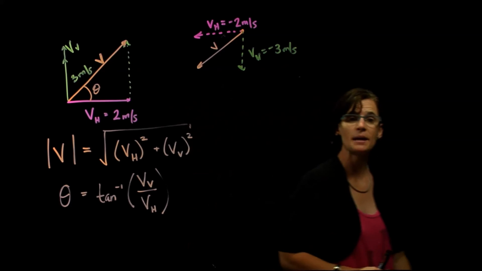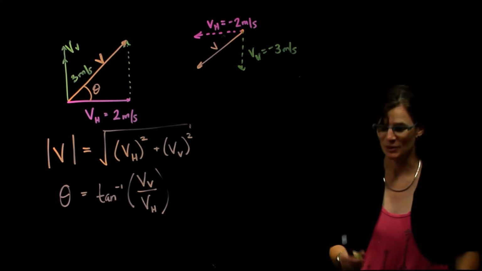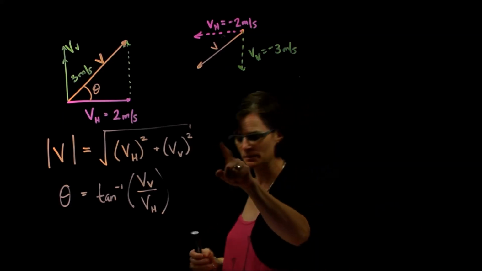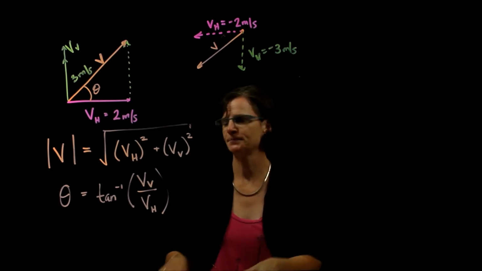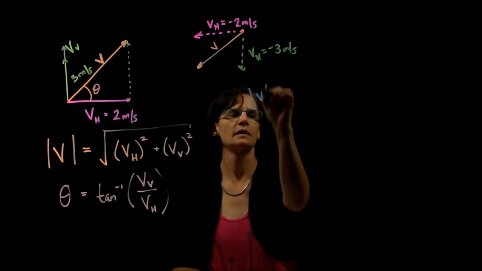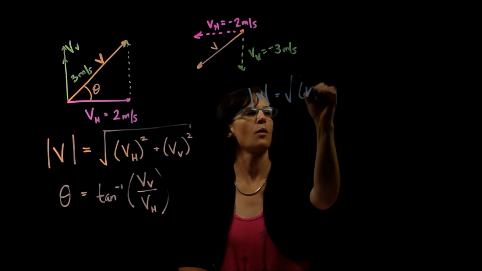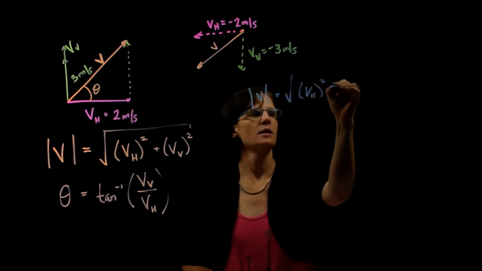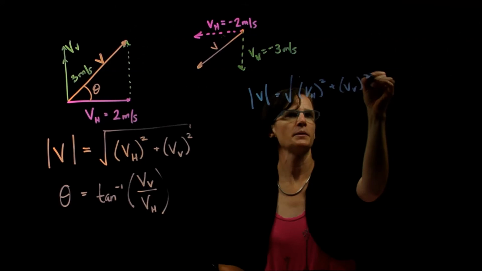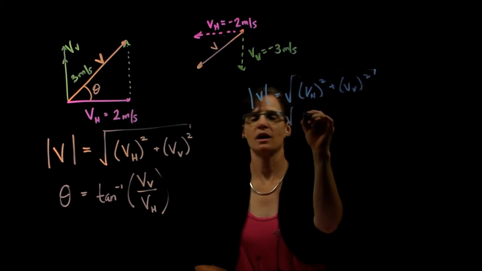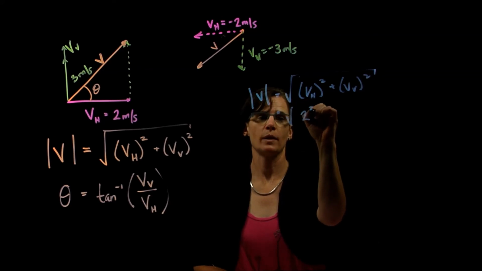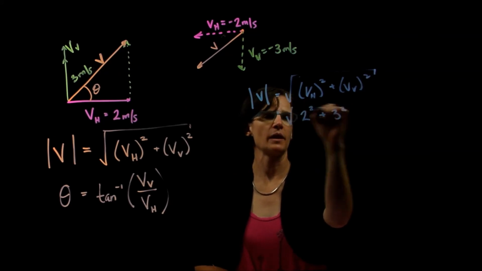All right, so the first step is to determine the magnitude. So we'll use this relationship to determine the magnitude. And we see that the magnitude is equal to the square root of the horizontal component squared plus the vertical component squared. So again, that is the square root of 2 squared plus 3 squared.